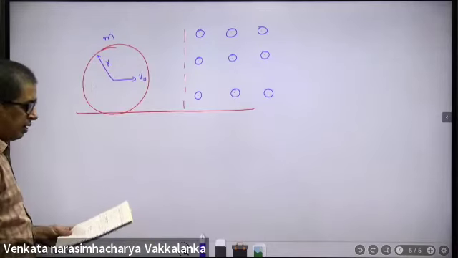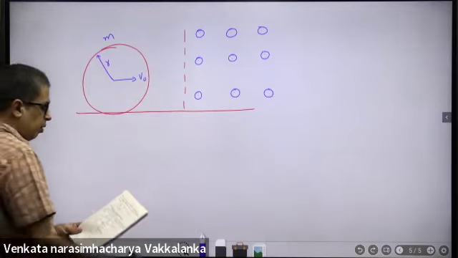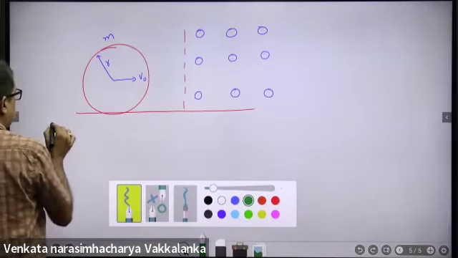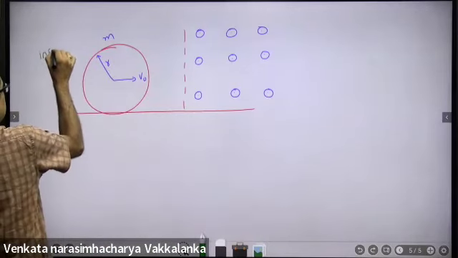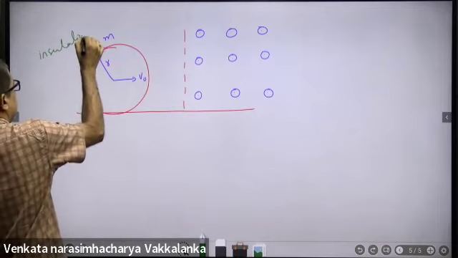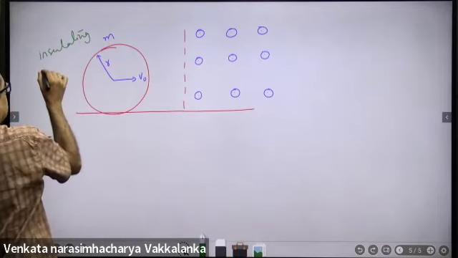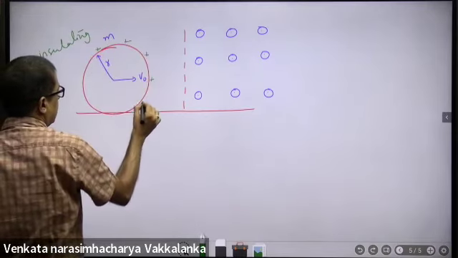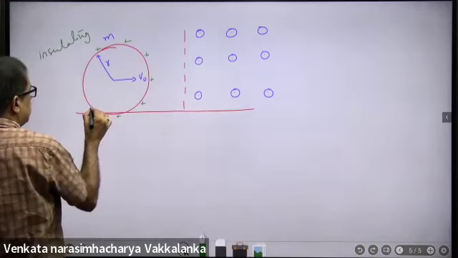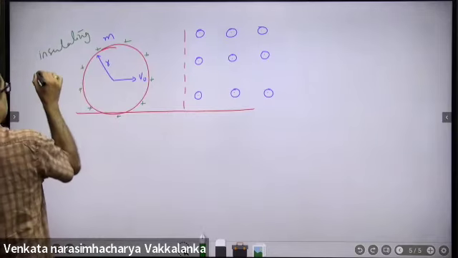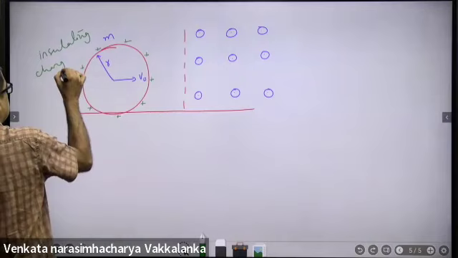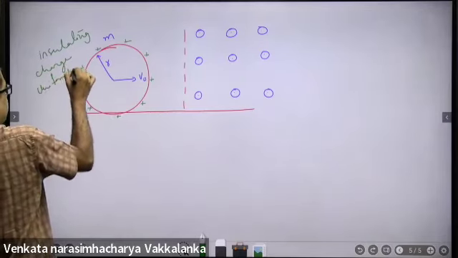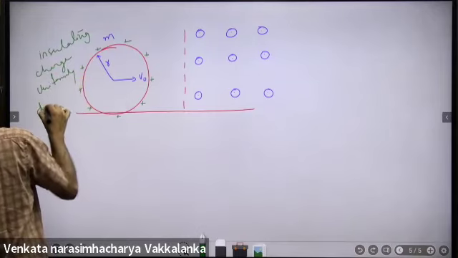Made of an insulating material, carries a uniformly distributed charge.